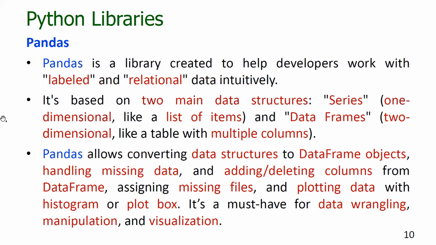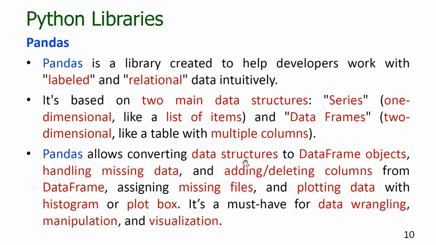The next library is Pandas. It is a library created to help developers work with labeled and relational data intuitively. It's based on two main data structures. One is Series, which is one dimensional, like a list of items. Another one is DataFrames, which is two dimensional, like a table with multiple columns.